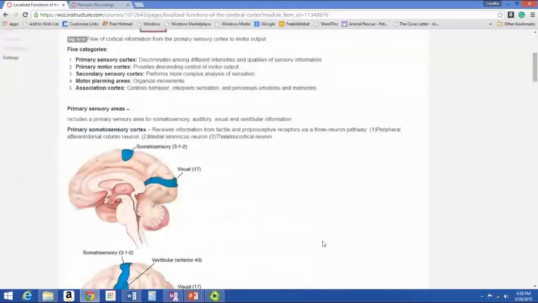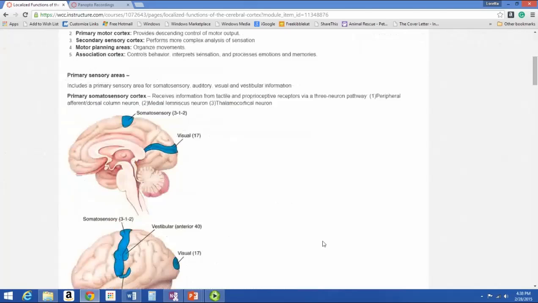Okay? So the primary sensory areas include areas for somatosensory, auditory, visual, and vestibular information. The primary somatosensory cortex receives information from tactile and proprioceptive receptors via the 3-neuron pathway, the dorsal column medial lemniscus. Remember we talked about this in Chapter 6. It's all coming back to you.